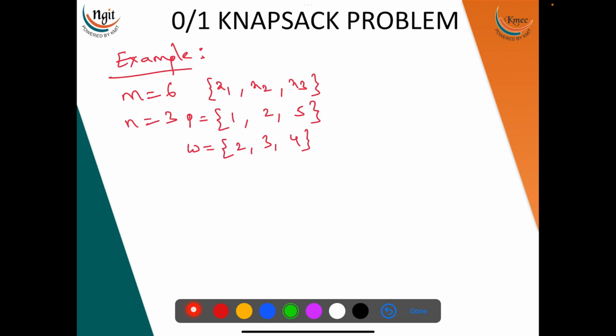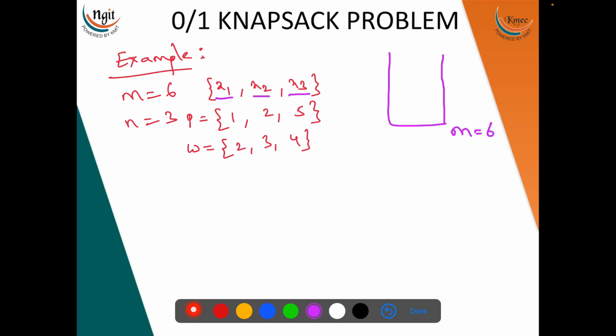Now, we'll take an example to place in the knapsack. The items to place are x1, x2, x3. These are the items that I want to place in the container. My knapsack, the bag capacity, is m equal to 6.